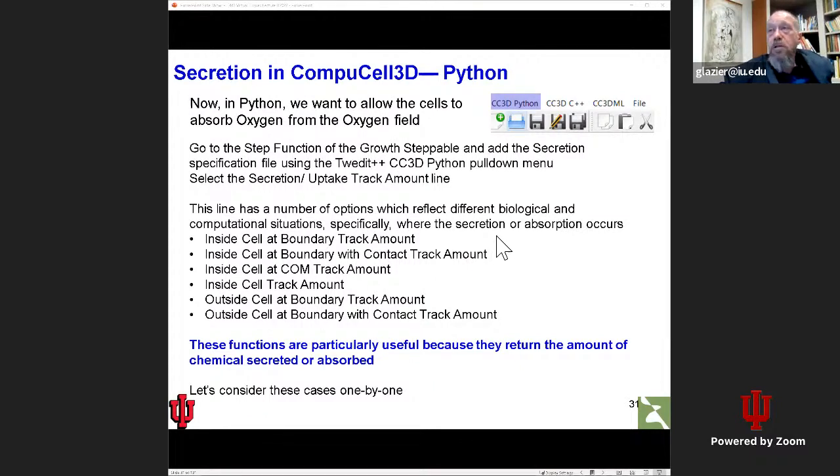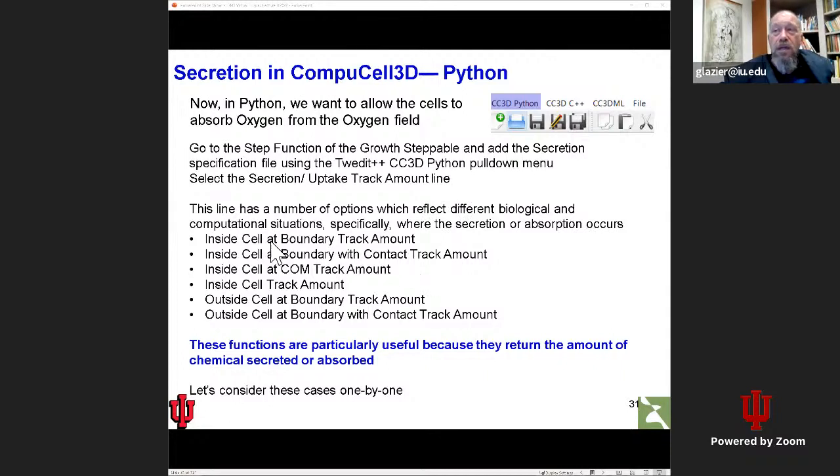If you want to do absorption, again, you'll have a bunch of options. And as we found out the other day, not all of those options are in the Twedit menus, but a representative selection are, and you can hand edit the commands to make that work. So if we're going to say have cells absorb oxygen from the oxygen field, we'll go to the Twedit steppable, use that Python pull-down menu, and then there's a secretion uptake track amount.